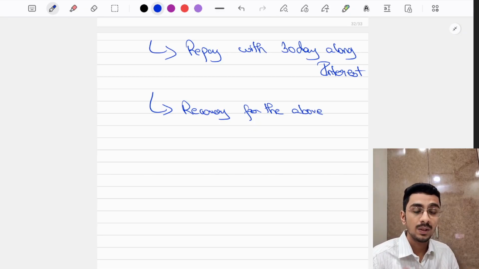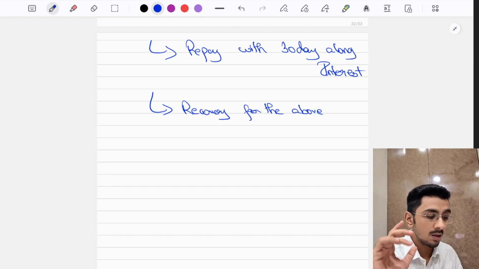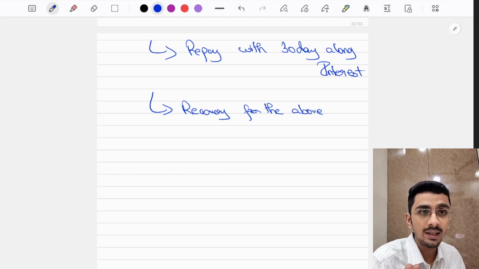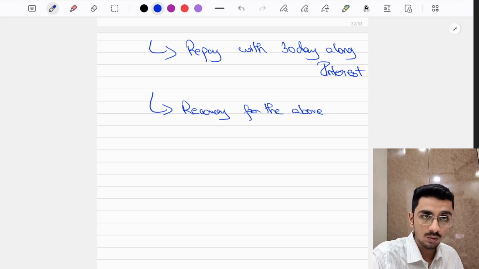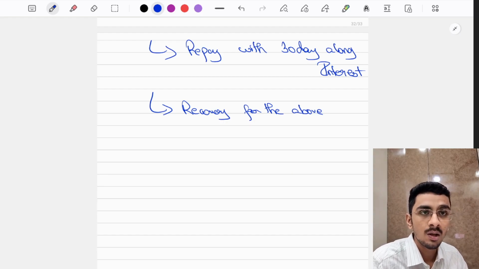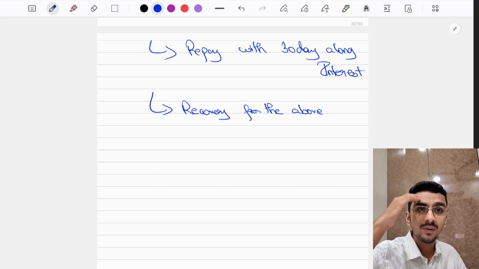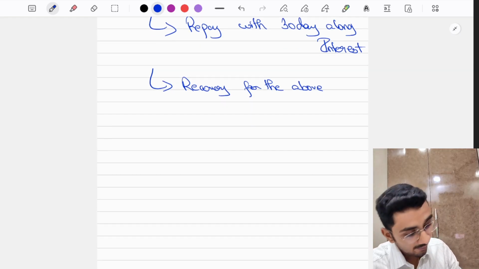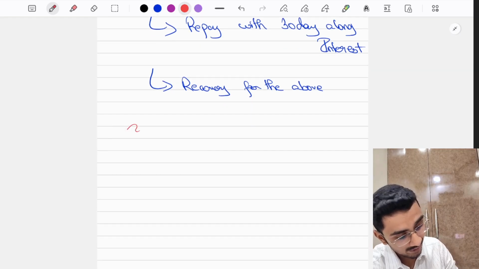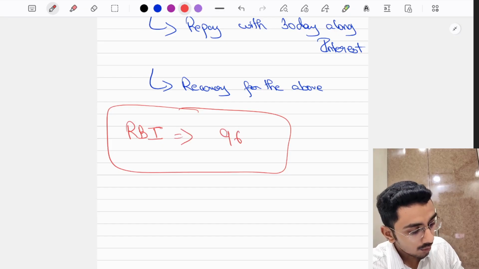Now, coming to the next point, let us take the case where you go to RBI and RBI tells you that it's okay even if you realize the amount late, or that it's okay even if you don't realize it. If you have special permission from RBI, you are good to go.